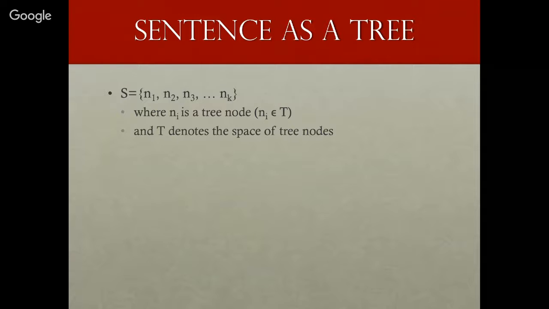And then I decided to structure the syntactically annotated sentence as a linearly ordered set of elements. So basically, S is the whole sentence, and then every N is a tree node. For me, every word is its own tree node. And T denotes the entire space of tree nodes.